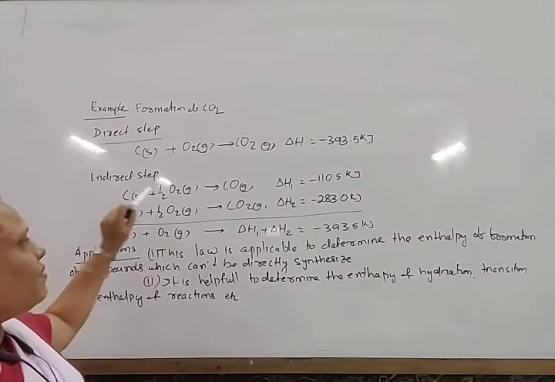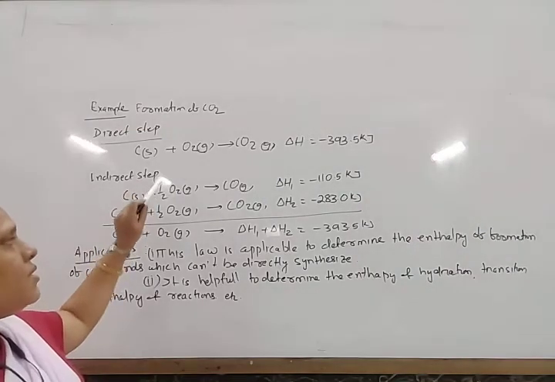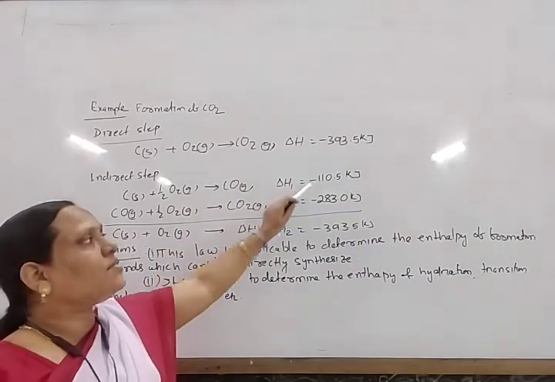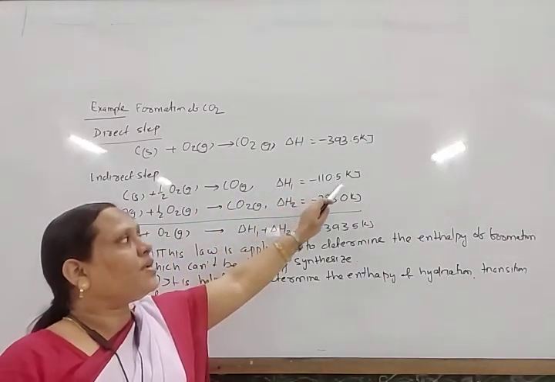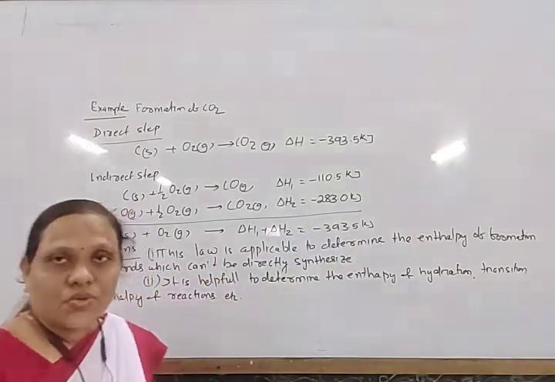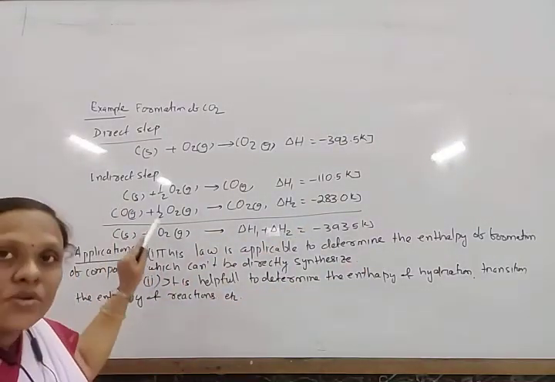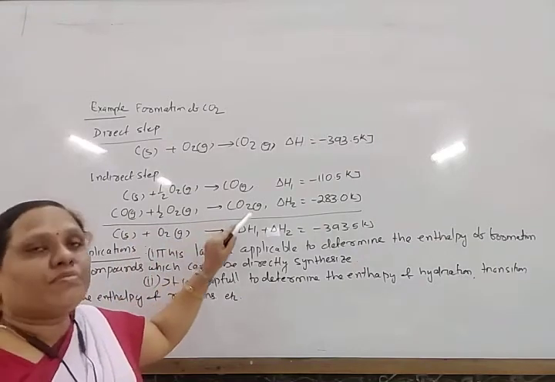Carbon first undergoes incomplete oxidation to form carbon monoxide, in which case ΔH1 is equal to minus 110.5 kilojoule. And again, when carbon monoxide undergoes oxidation, it forms carbon dioxide.